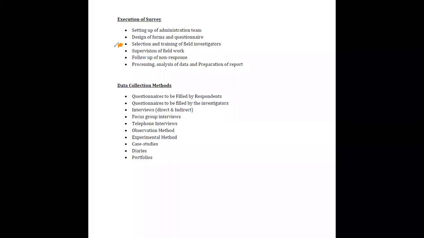Therefore, on your behalf, you have to send some investigators to the field. First of all, you have to select the people who are eligible to take this job on your behalf, and then you have to train them on the field that they have to work on.